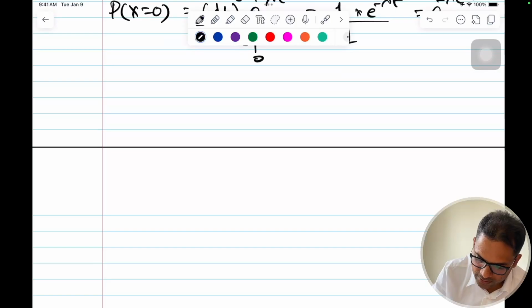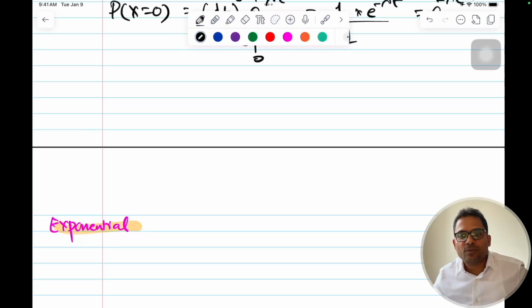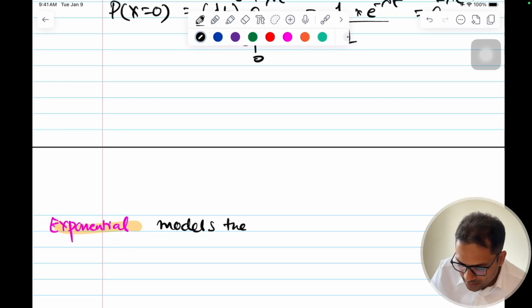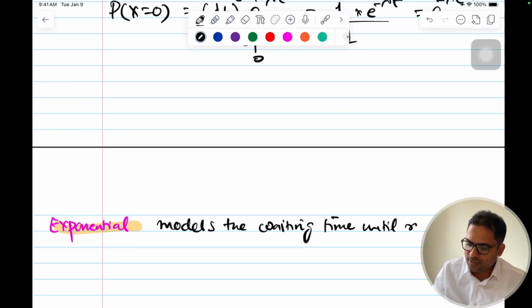Let's move to the next page and solve the same problem using exponential. How will you formulate that using exponential? Now let's consider the exponential side and the waiting time. Exponential models the waiting time between two events, the waiting time until the next event.